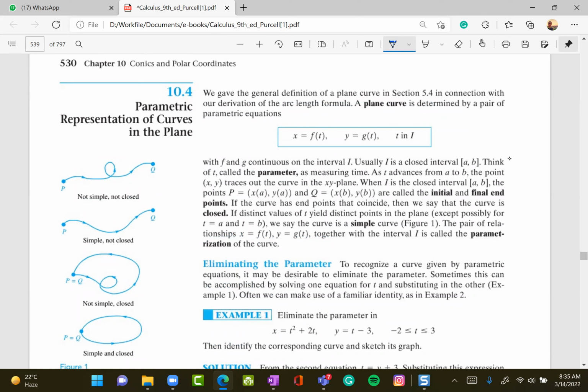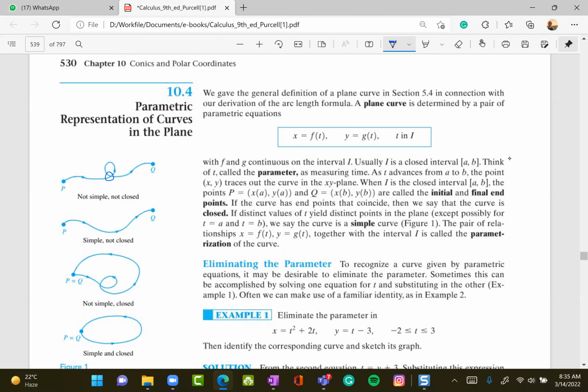This is closed. Simple means it doesn't have any self-intersections. This is a self-intersection, so this is not simple. This is self-intersection, not simple. This is not closed because the endpoints and the initial point are not the same.